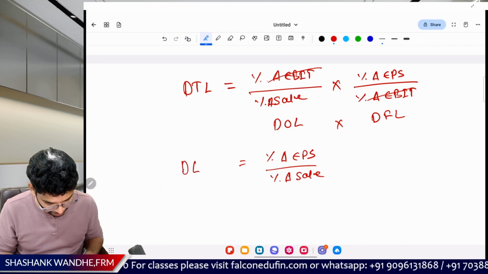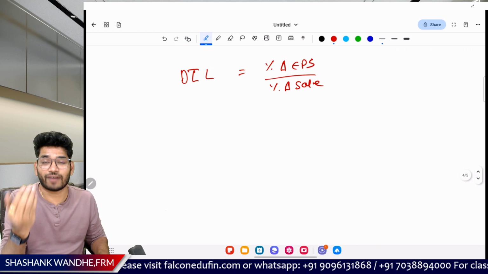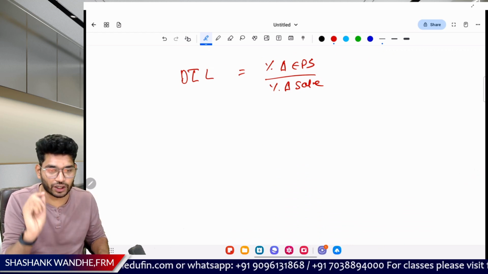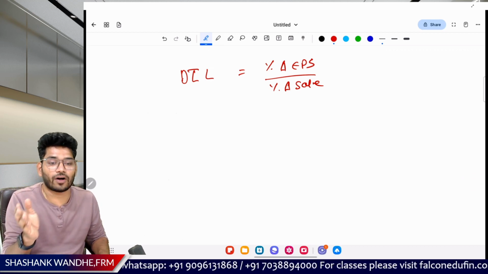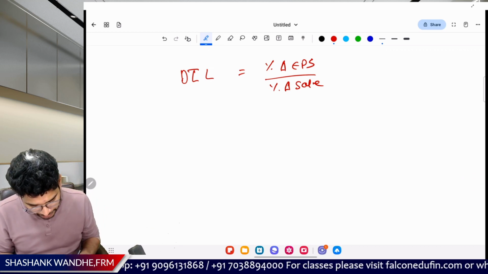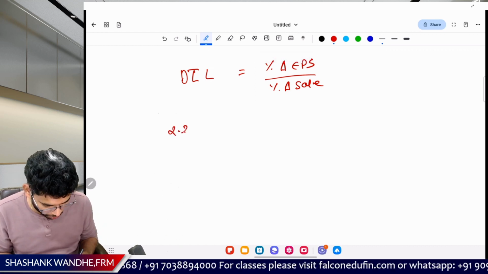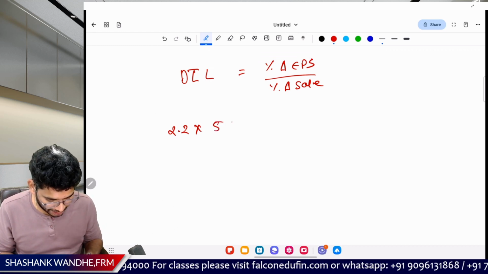Now again, the same question. If the sales increase by 5%, the change in sales in percentage is 5%. Remember, this is the percentage. So if the percentage change in sales is 5%, then what is the percentage change in EPS, given the degree of total leverage is, say, 2.2? Degree of total leverage is 2.2, percentage change in sales is 5%.